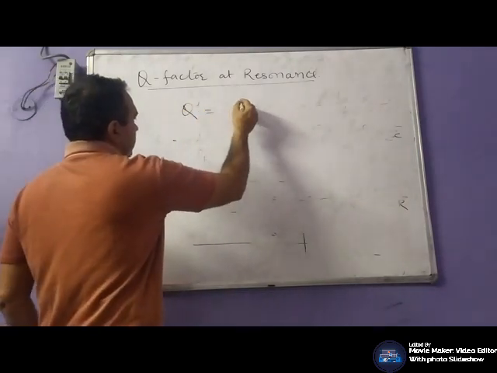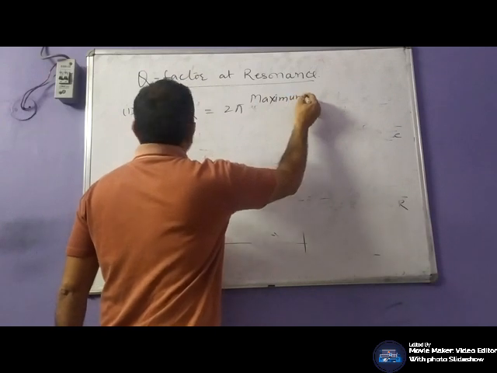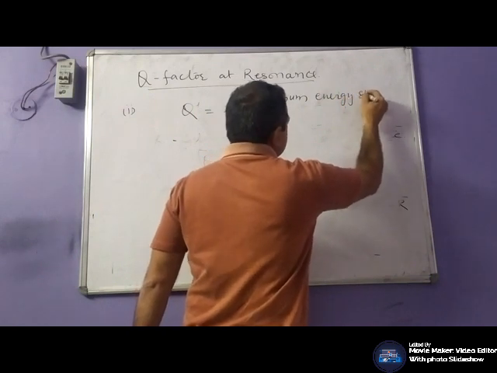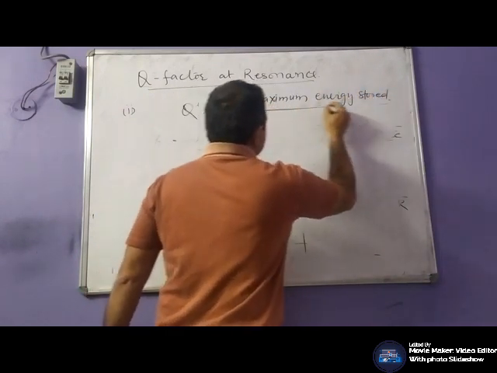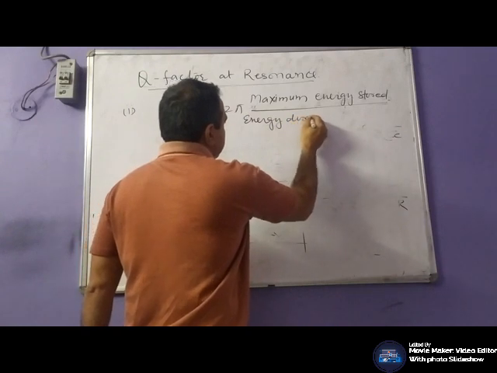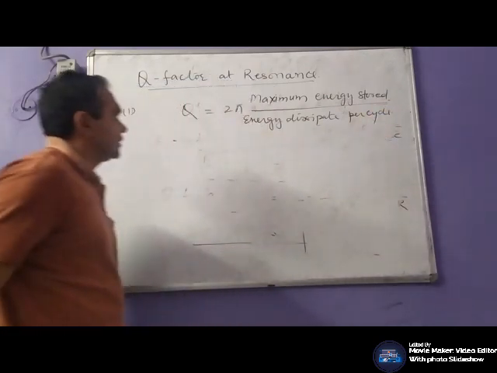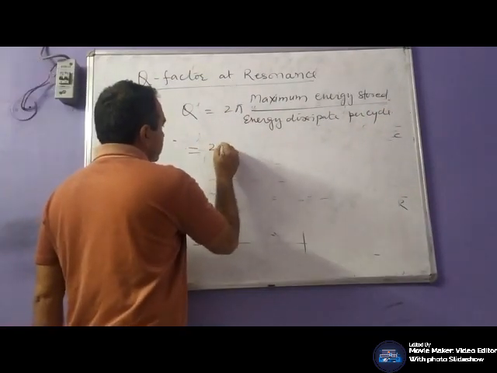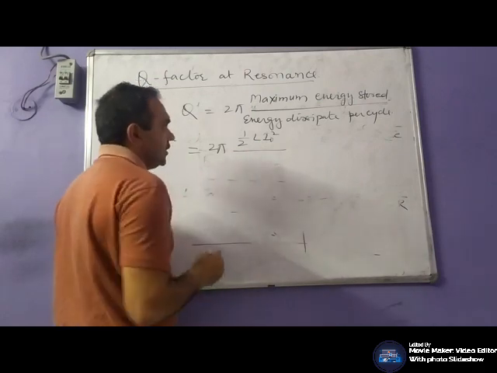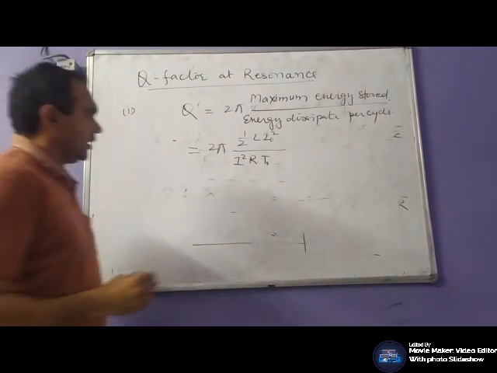Quality factor is the ratio of maximum energy stored to energy dissipated per cycle at resonance, and your maximum energy stored is given by half L I naught square, and energy dissipated is I square R T naught, that is the time period of the cycle.